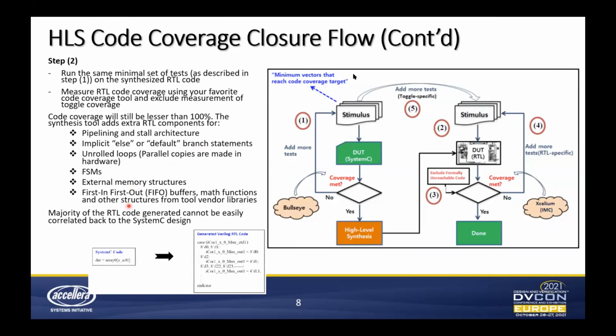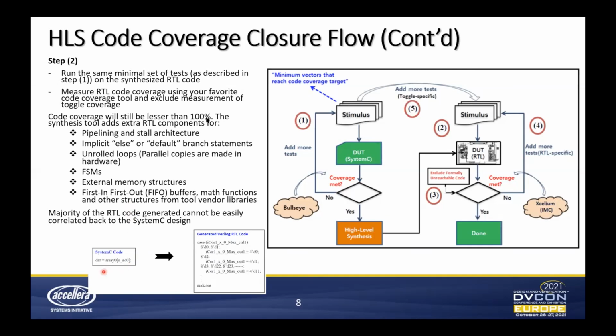It is possible for the synthesis tool to generate a few efficient RTL structures by specifying synthesis coding directives and options, but the majority of the RTL code generated cannot be easily correlated back to the SystemC design. This figure shown here gives an example where direct correlation back to the SystemC design from the synthesized RTL is difficult.